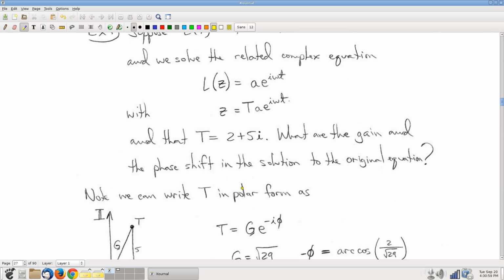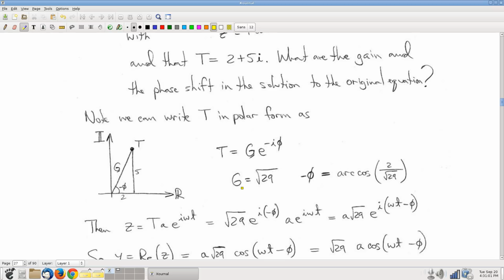Well, following the pattern from the previous page, this number t, first thing we want to do is write that in polar form. Well, 2 plus 5i, right, gives us this number there. There's 2 plus 5i. And without too much trouble, you can determine the corresponding polar form.